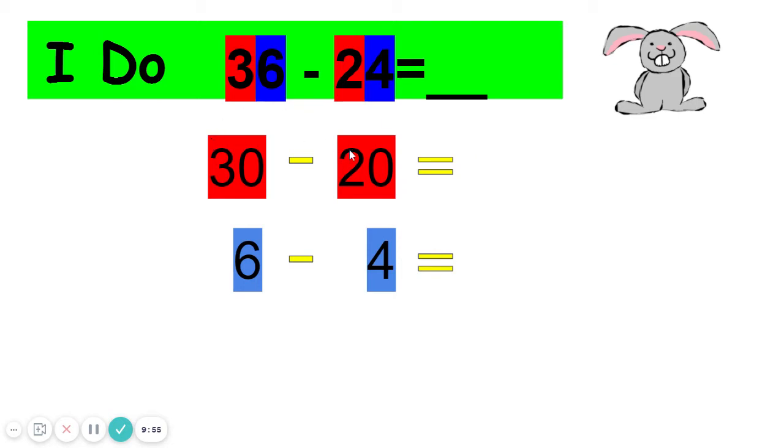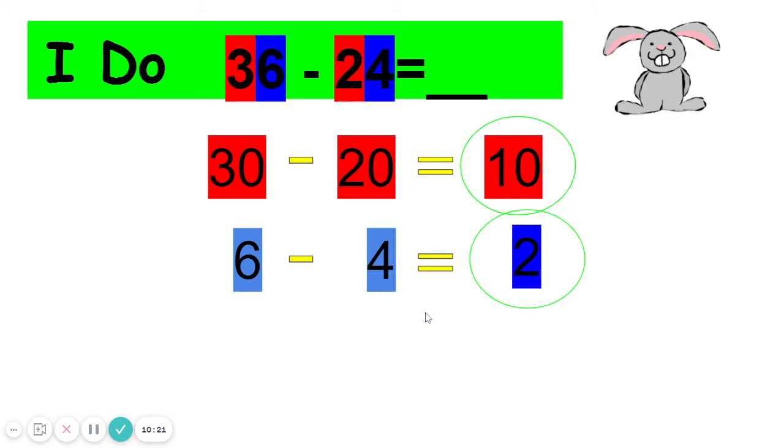So 30 minus 20 will leave me, yes, it's 10. Now I can go back and look at my minuend in this next subtraction problem. I have 6, subtract the subtrahend of 4. So 6 minus 4 is, I know this, 2. And I will place it here.